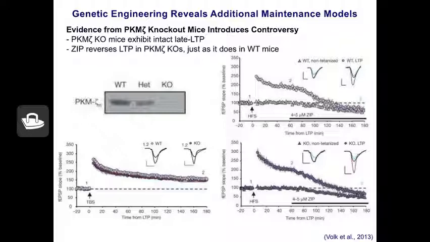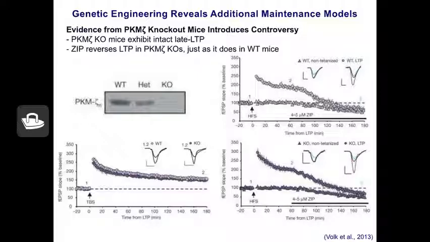The knockout mice that hypothetically have no protein kinase M-zeta can still maintain that long-term LTP, that late-stage LTP. And, well, if protein kinase M-zeta is essential for maintenance of LTP, these mice should be impaired in it. But they weren't.